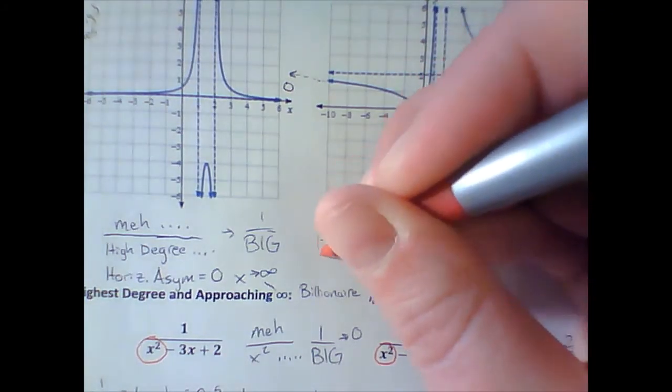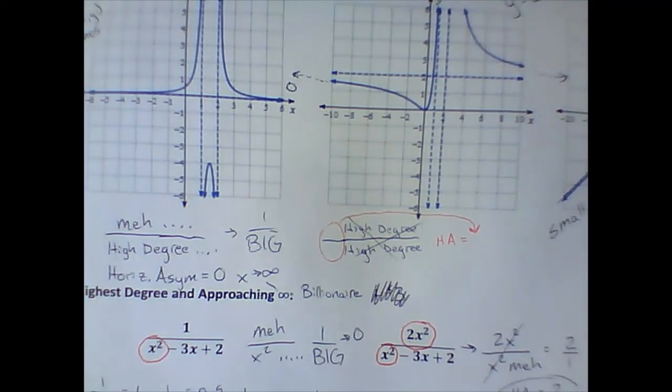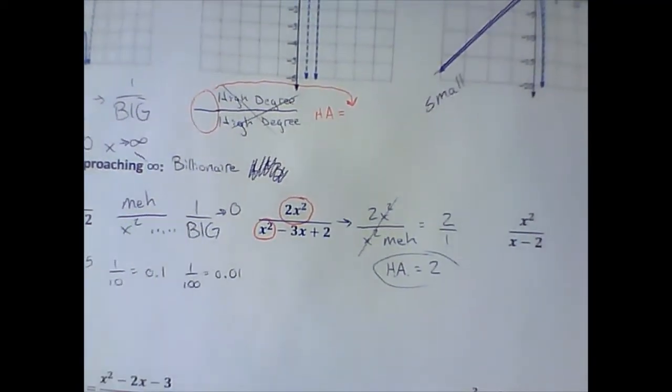Whatever was in front, that's the height as you approach infinity. Infinity basically wipes itself off, and you're left with whatever was in front of your highest degrees.